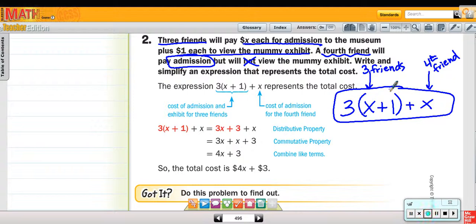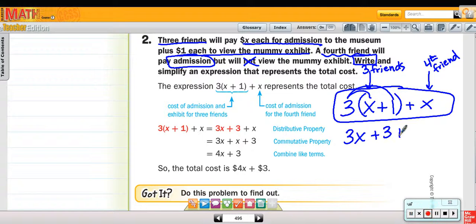Does that make sense? This right here is also when they say to write, you just wrote your expression. There it is. You're done with step 1. Step 2 is now we just have to simplify it. Let's make it easier to manage. So we see the distributive property there, don't you? Yeah. So what's 3 times X? 3X. What's 3 times 1?